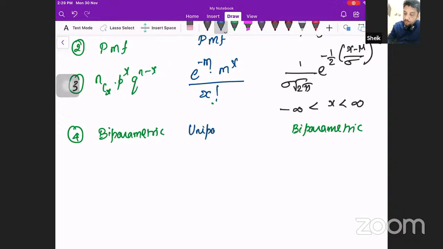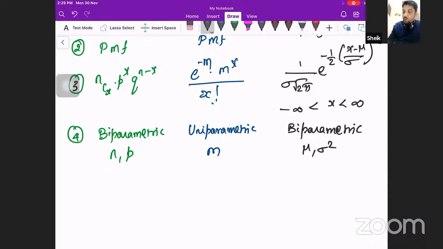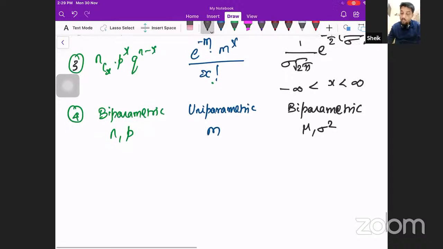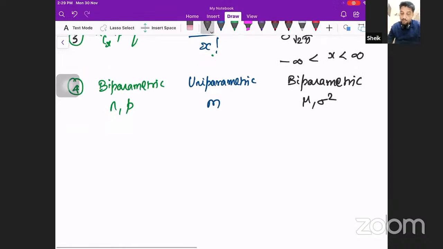So, what are the parameters? Here, n comma p are the parameters for binomial. For Poisson, m is the parameter. And for normal, mu comma sigma square are the parameters.